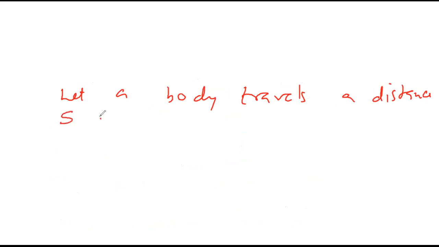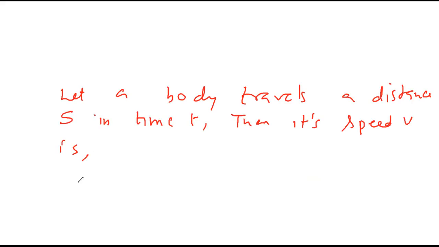Let a body travel a distance s in time t, then its speed v equals distance upon time, v = s/t.